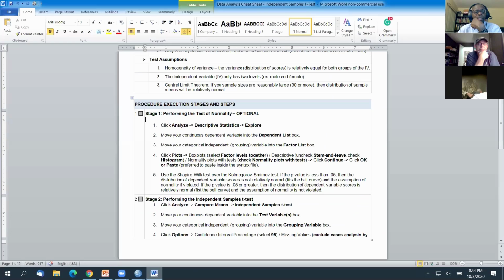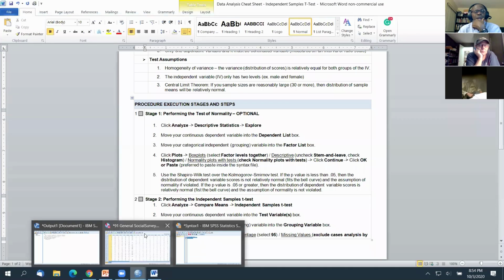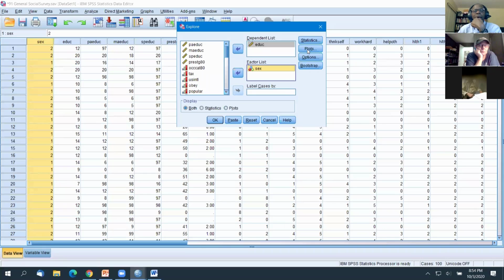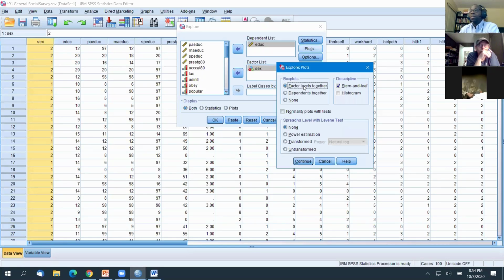Then, based on this, it says move your continuous dependent variable to the dependent box, move your categorical independent variable to the factor list, and so on. Then it says click plots and then go to box plots. So we're going to click on plots, and make sure that factor levels together is checked.